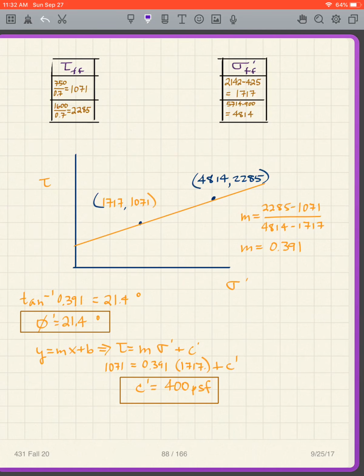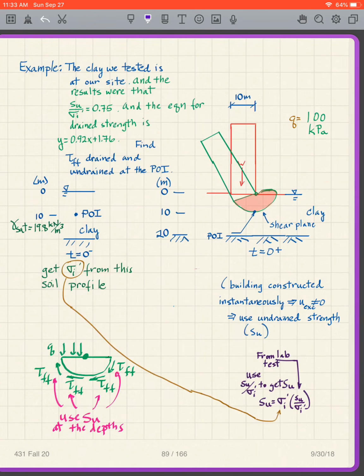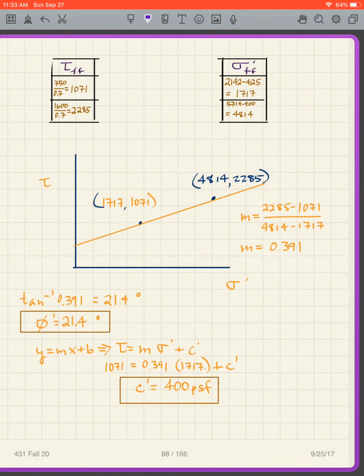In this case we're choosing this point, so we put in the 1717 and the 1071 for that point and solve for c prime. I get c prime equal to 400 PSF. So I've been able to get both phi prime and c prime from these tests. All right, I'm going to stop there.